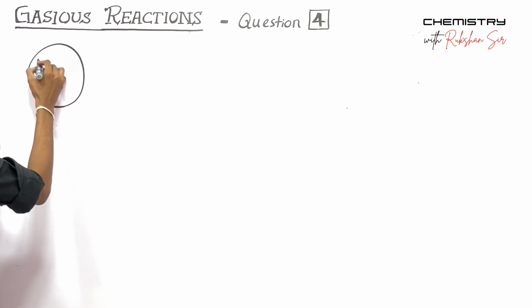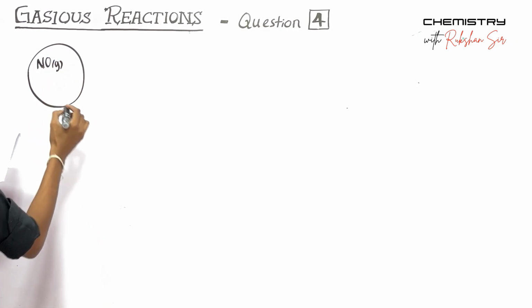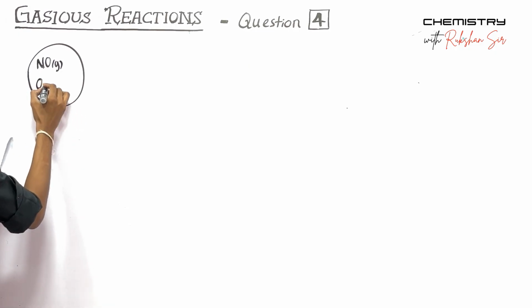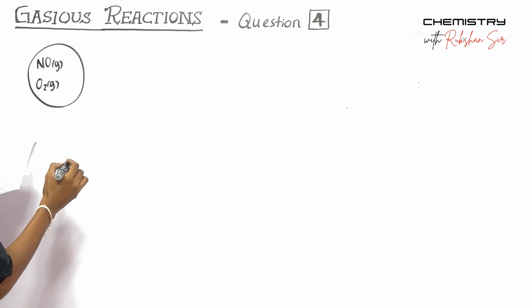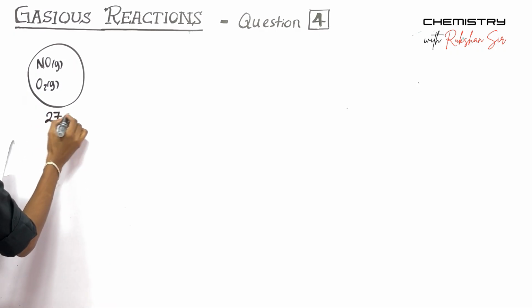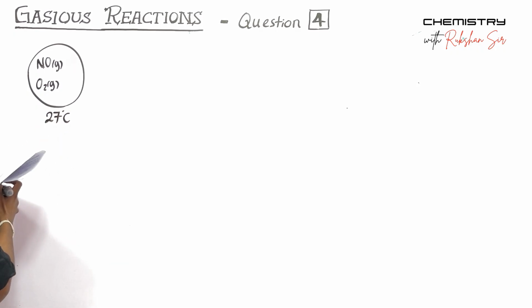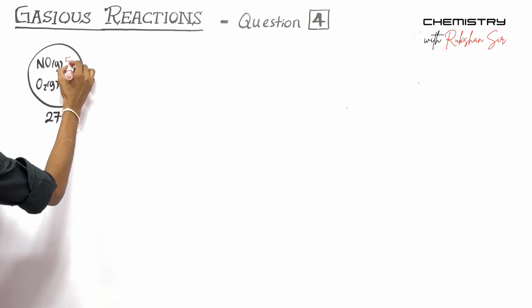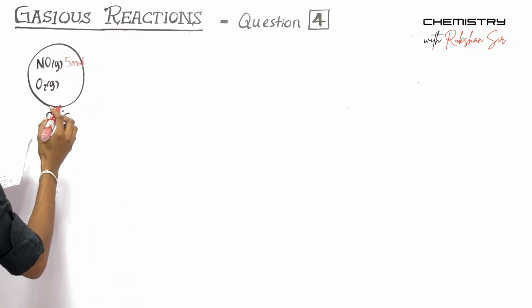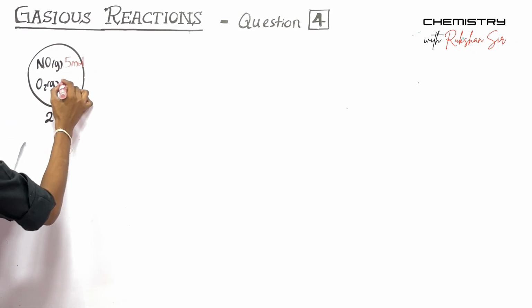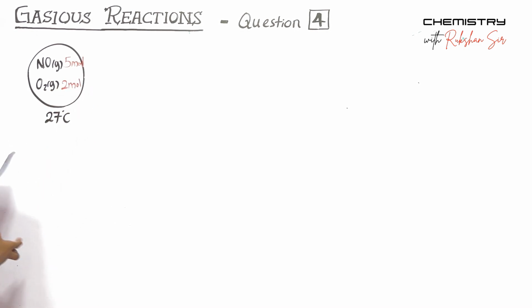So they have started with 5 moles of NO gas and some O2 gas, which was kept at 27 Celsius, right? So 5 moles of NO and 2 moles of O2 was there at the start.